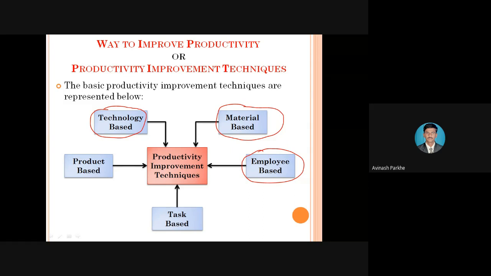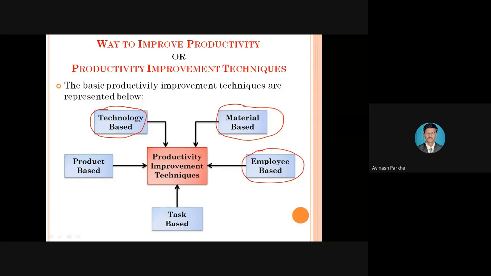Then, workers' participation in decision making. Decision making is one of the important processes in the industry. Sometimes many problems arise in the industry, and higher authorities, maybe management or supervisors, think about them. But if we add the workers to the decision making, then you will get solutions immediately.